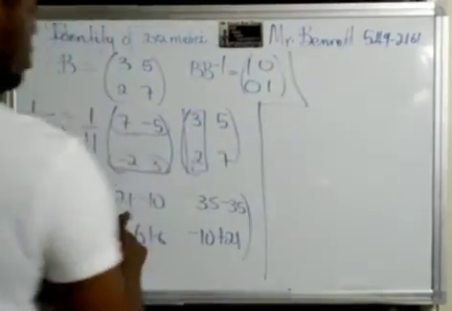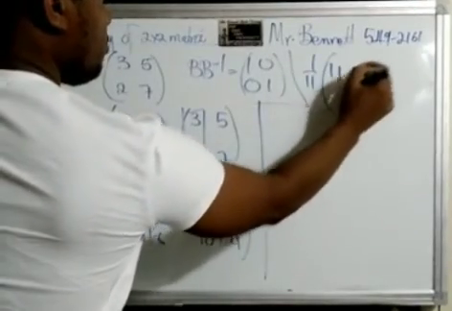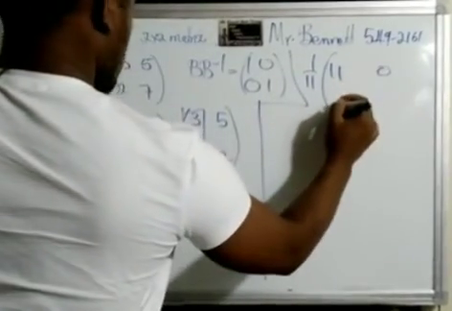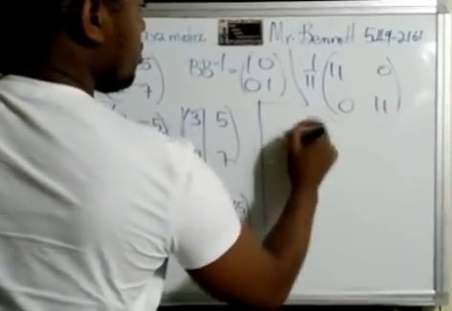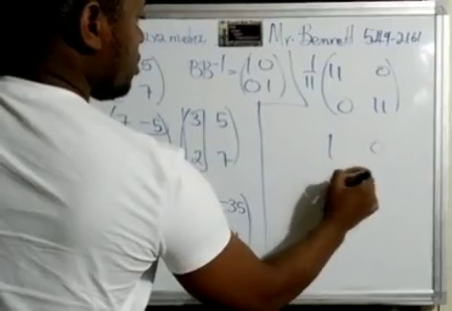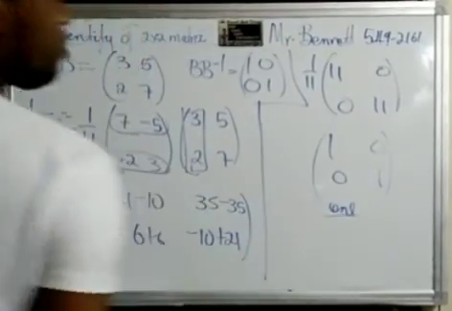So 21 minus 10 gives us 11. Already you can see the answer. This works out to 0, and this is a positive 11. We divide, so we get the identity 1, 0, 0, 1.